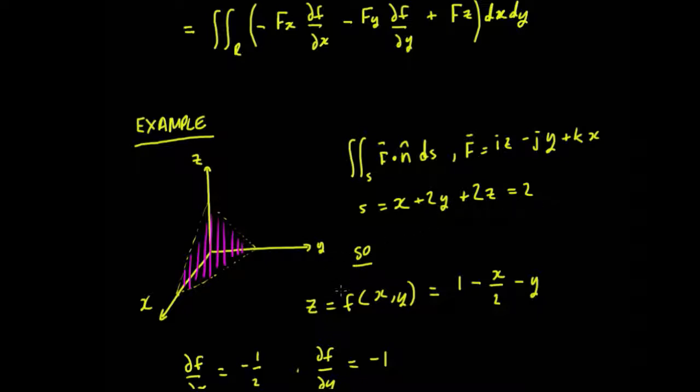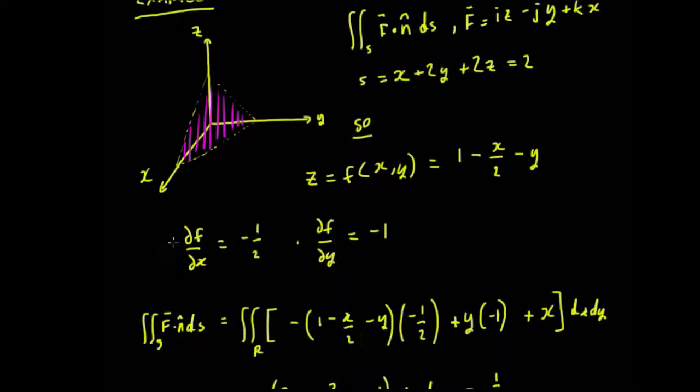So we can write z as a function of x and y, just by swapping the variables around. So we have 1 minus x upon 2 minus y. Then we can take the partial f by partial x, which just gives a half, and partial f by partial y, which gives us minus 1.